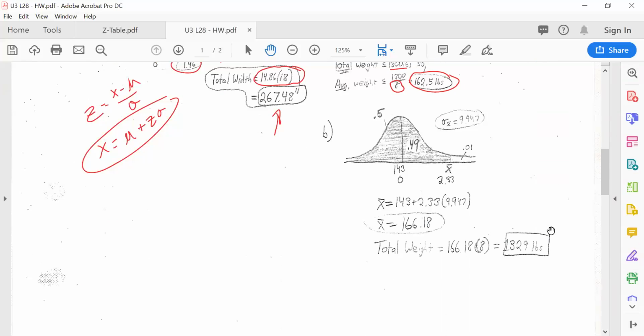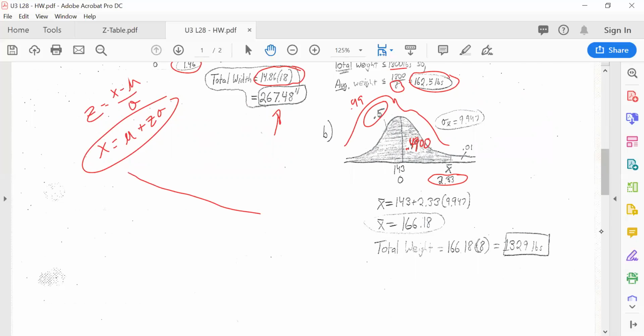Okay, last but not least, now I want a 99% probability. So this adds up to 99%, which breaks down to 0.5 and 0.4900. And if I look up my z-table backwards, the closest z-score to 0.4900 is 2.33.